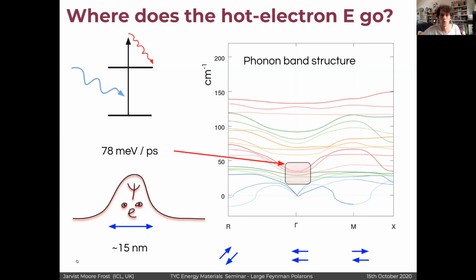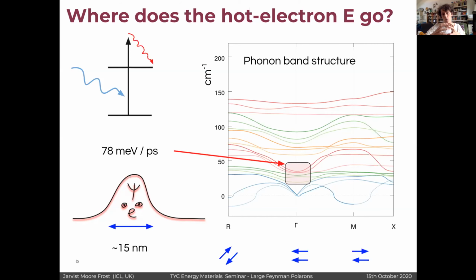We had a model: you're exciting above the band gap, then we know that you've got these polaron states. We can extract a polaron scattering rate from the Feynman theory, which we can then convert into an energy rate. And we also have some idea of the localization of the polaron. So the ansatz was that you're generating a state which very quickly localizes. It's retaining the additional energy that it has above the band gap.